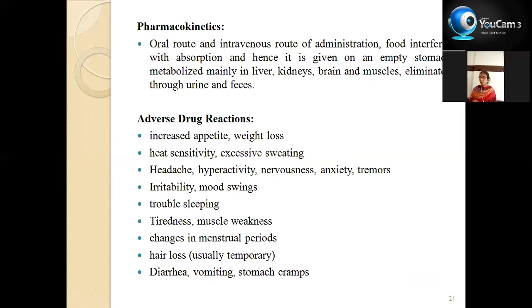It is metabolized in the liver, kidneys, brain and muscles, and it is eliminated through the urine and feces.